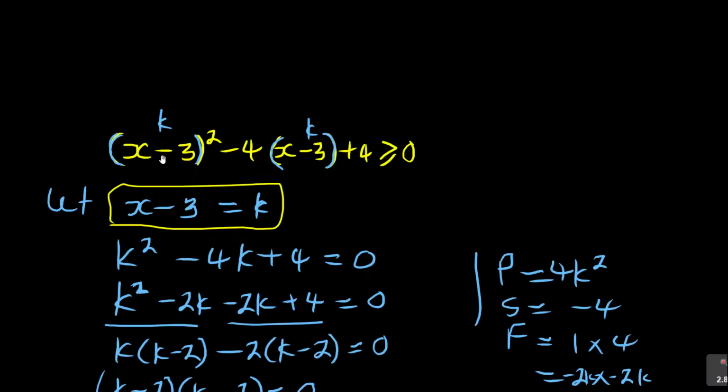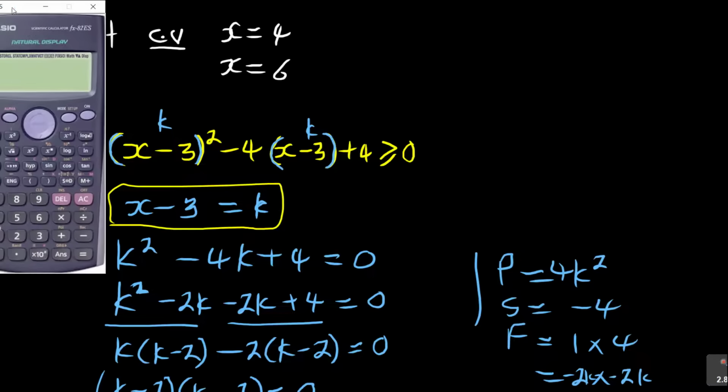So where there is k, I'm going to put where there is x. So let me write test critical values CV, meaning we're going to test with x is equal to 4. We want to see whether we'll get a positive or a negative, and we're going to test with x equal to 6. We want to see whether it will be positive or negative.